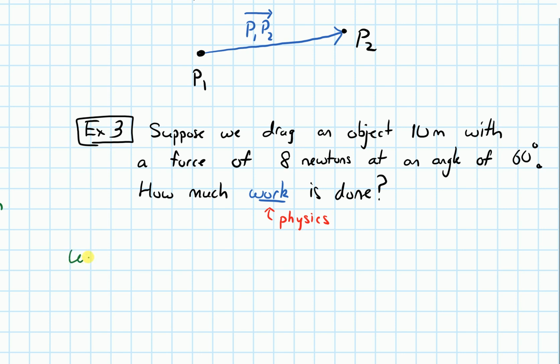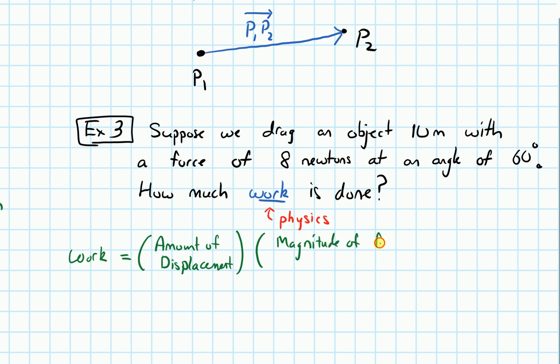Work in physics is the amount of displacement multiplied by the magnitude of force in the direction of the displacement.